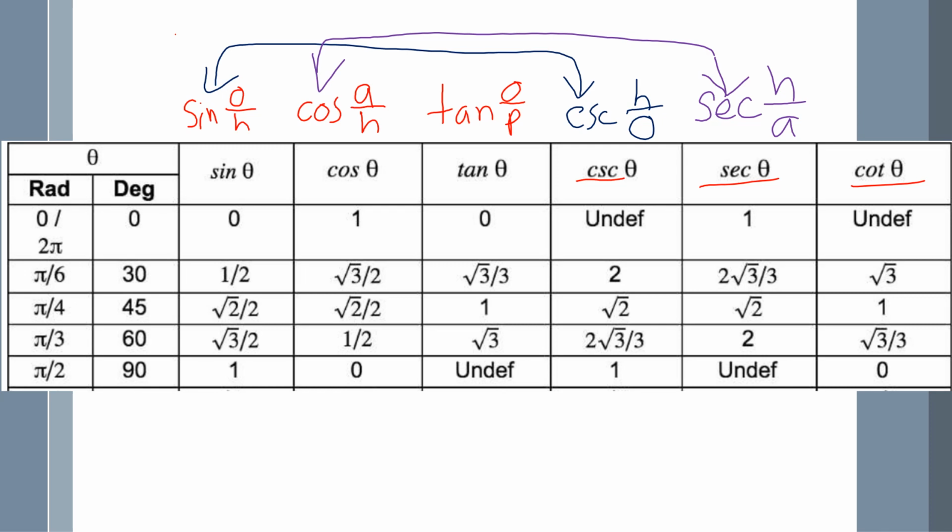So cotangent is going to be adjacent over opposite, and that's going to be the inverse of tangent. There we go. That is what I'm asking you for.